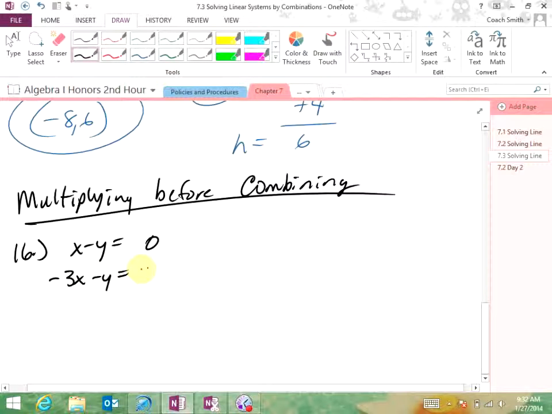All right, now, by combining them, I'm trying to get rid of one of the variables. Okay? So there are several different ways that I could do this problem. I first of all could do this.